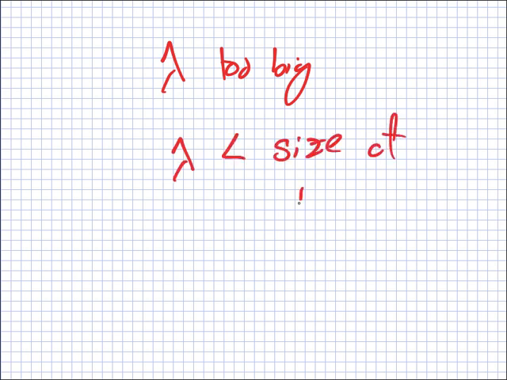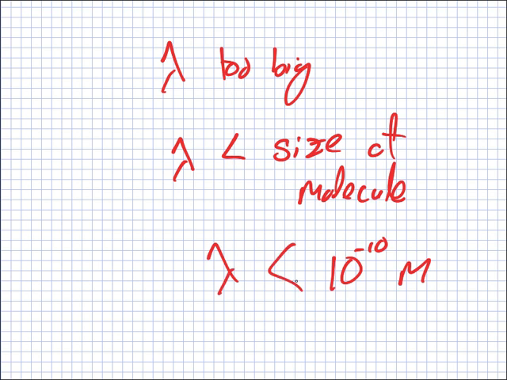So the reason you can't is that the wavelength is too big. You want the wavelength to be less than the size of the molecule, at least. So for example, if the molecule is 10 to the minus 10 meters, the wavelength must be smaller than this. And the smaller the better. Yeah?